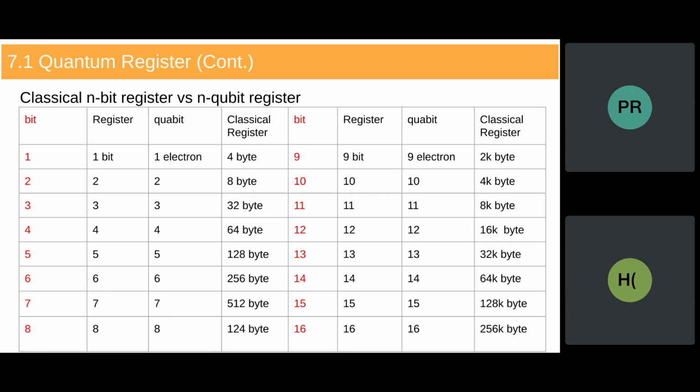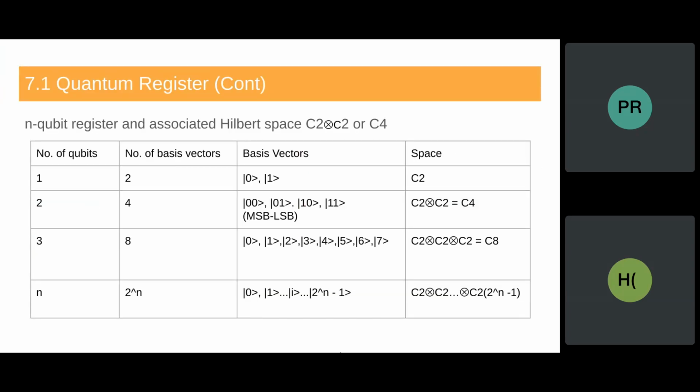You can imagine, and this keeps on going. For n qubits, 2 raised to n will be required. The basis vectors are not just doubling, but exponentially rising, 2 to the power n.